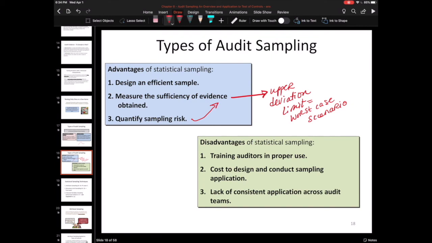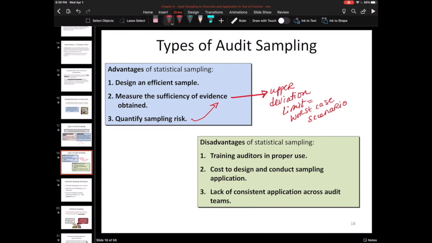So if I'm using statistical sampling and I know that I have used a 95% confidence level to calculate my sample size, then I know that I've achieved 5% sampling risk.